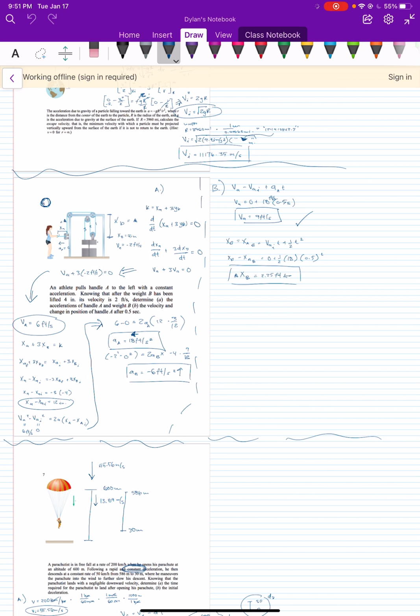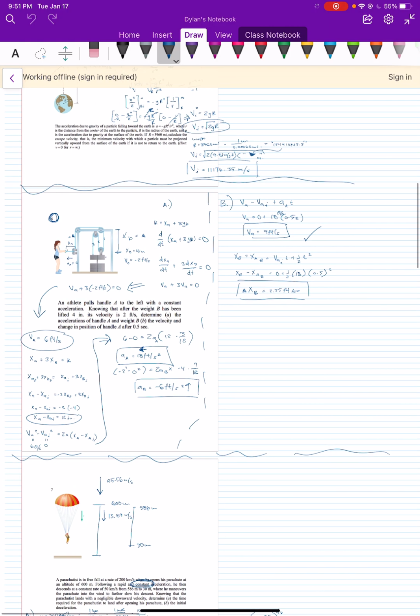Then I was able to plug that into my original equation to get the acceleration at xb, or at the handle, same thing.